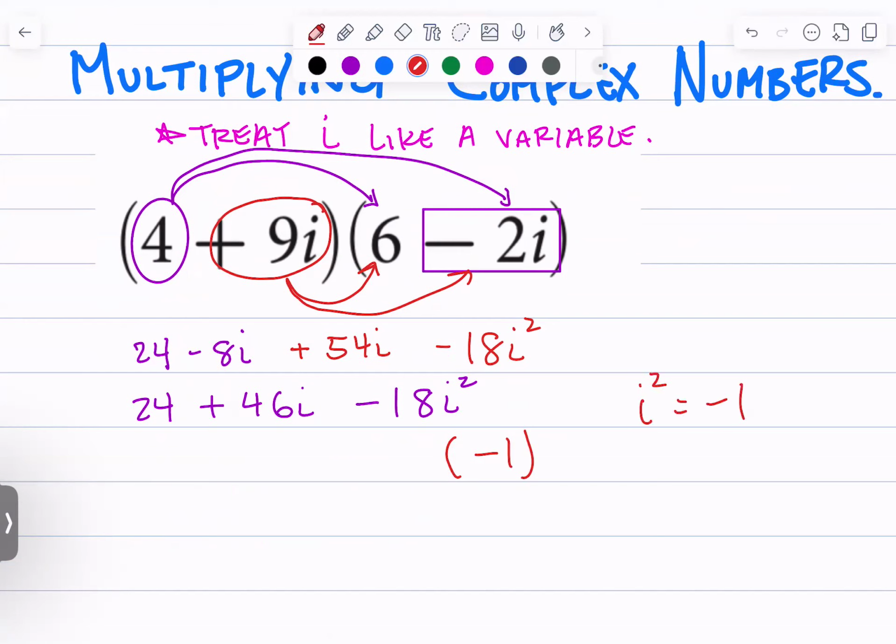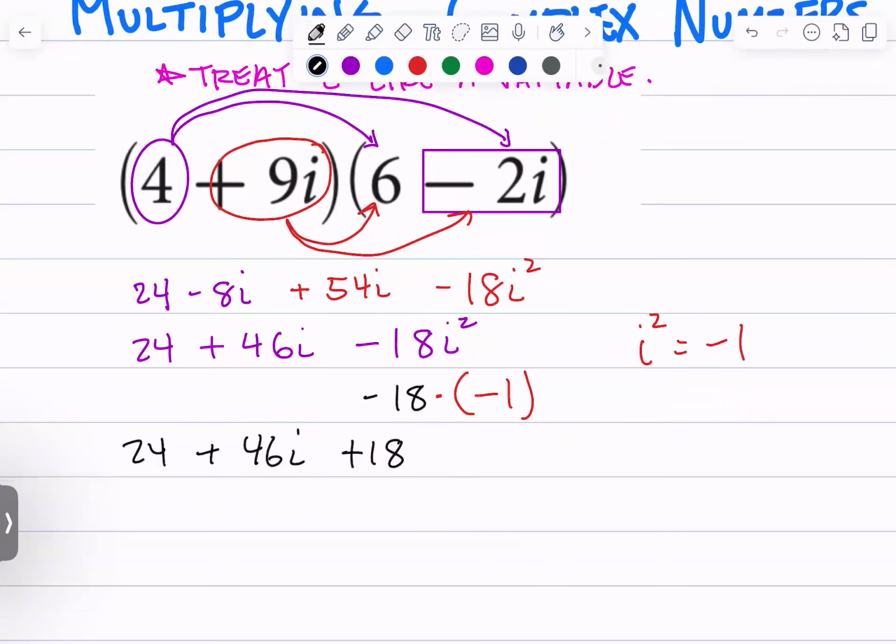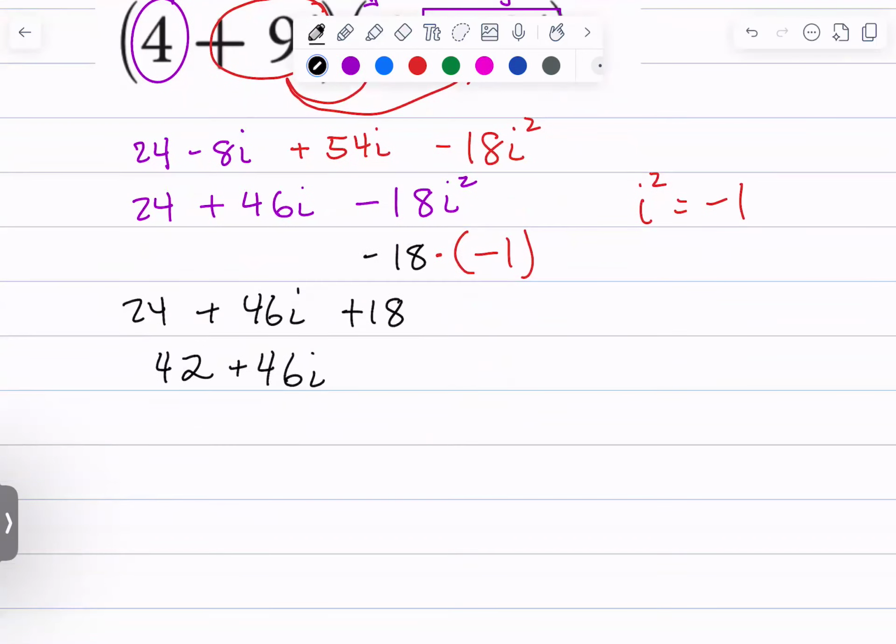So if I multiply that to the negative 18, right? If I multiply those two things out, negative 18 times negative 1, that's positive 18. And then 24 plus 46i. So 24 plus 18, that is 42 plus 46i. There's my complex number, right? There's my complex number right there.